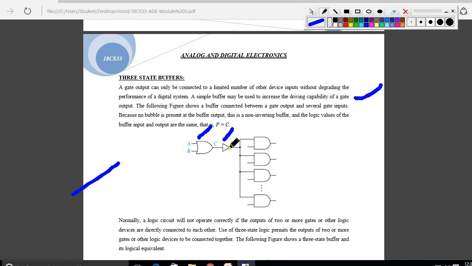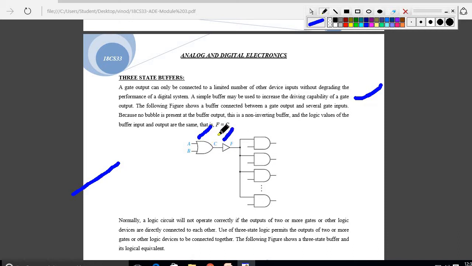So here there is no bubble in this case, and for that reason it is a non-inverting buffer. If a bubble is there, it is an inverting buffer. That you should remember. And the logic values of the buffer input and output are the same, that is f is equal to c, because whatever the input value c is, the output f is equal to c.